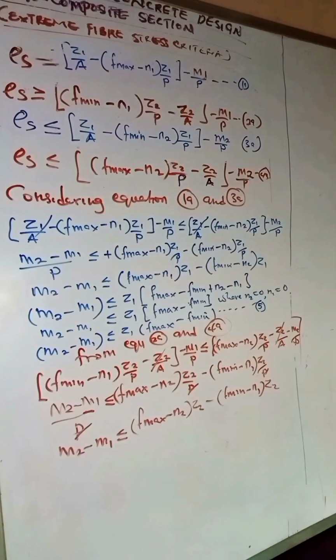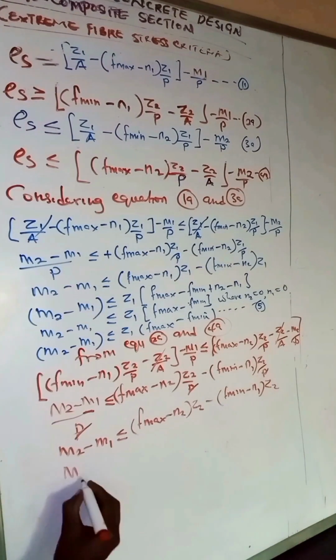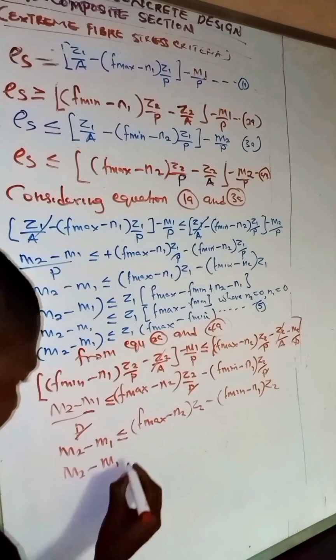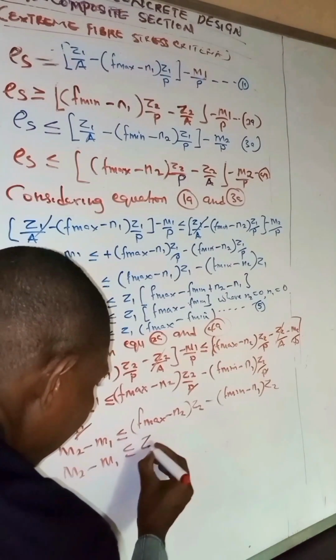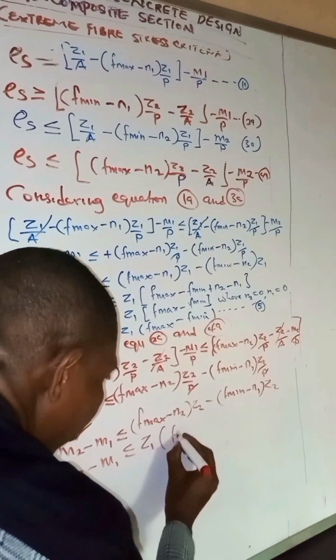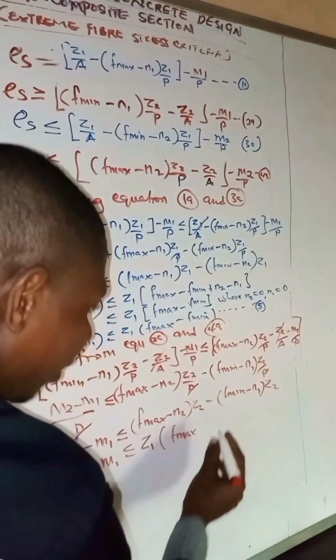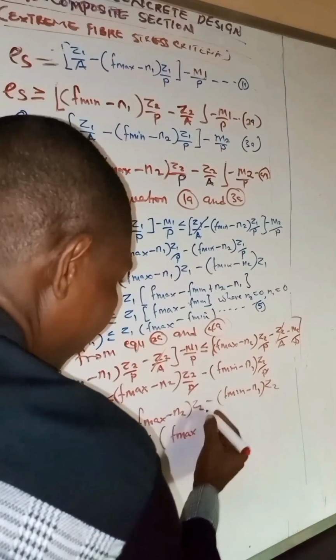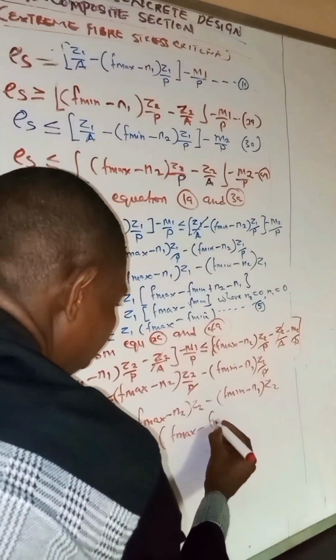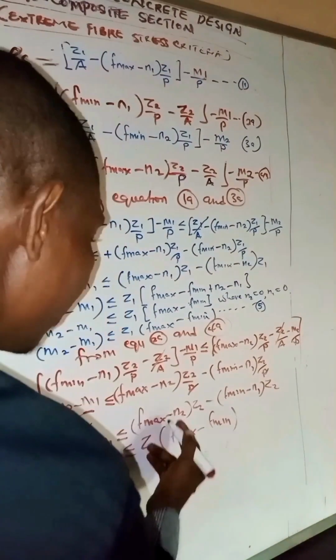We have Z2 on both sides, so we can factor it out so that the expression becomes M2 minus M1 is lesser than Z2 brackets F maximum minus F minimum, negative N2.